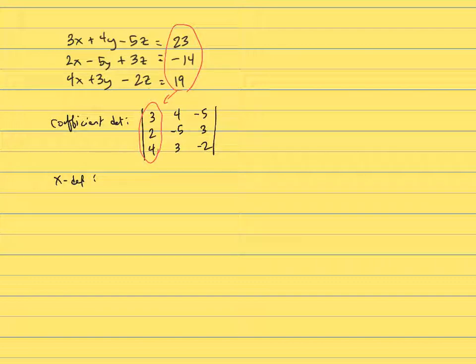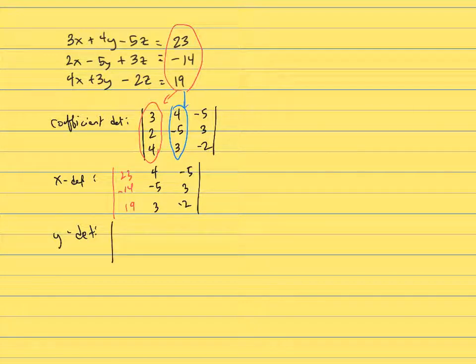So that x determinant would look like this: 23, -14, and 19 in the first column, but the rest of the numbers are the same as the original coefficient determinant. The y determinant would follow the same process, except instead of replacing the x coefficients in the coefficient determinant, you replace the y coefficients in that determinant. So that would look like this.